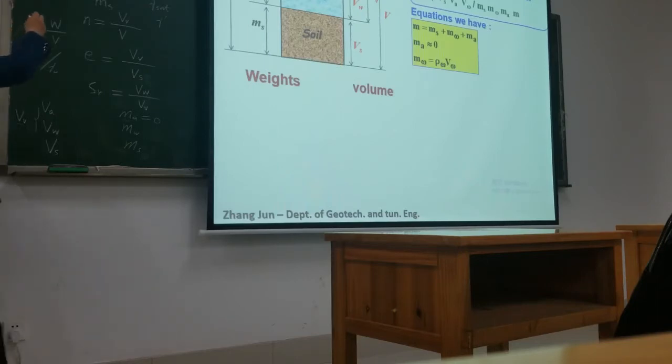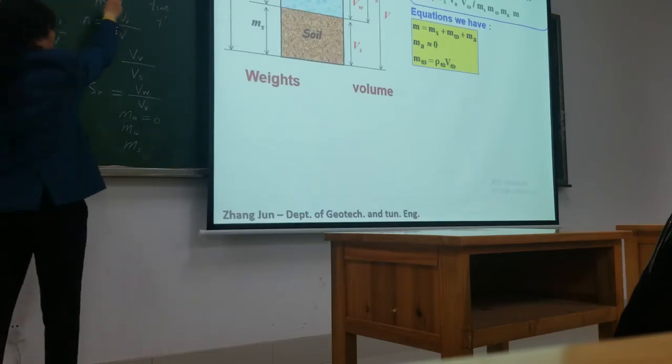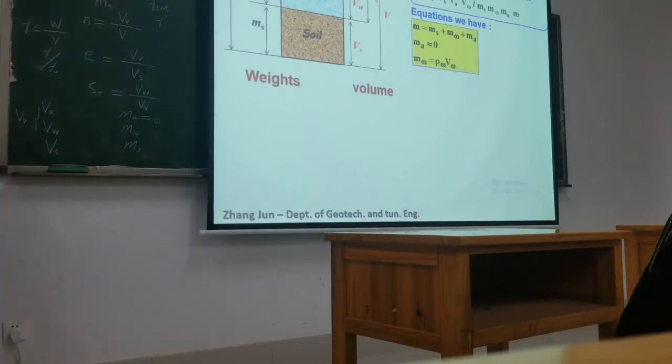So M equal Ms plus Mw. Okay, and for Mw, we can use the equation, maybe the density of water times the volume of water.